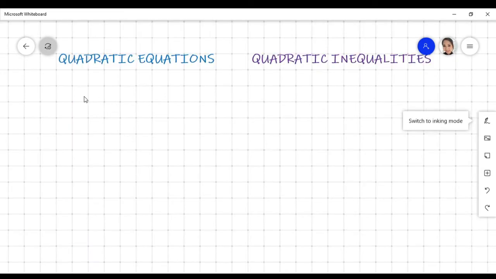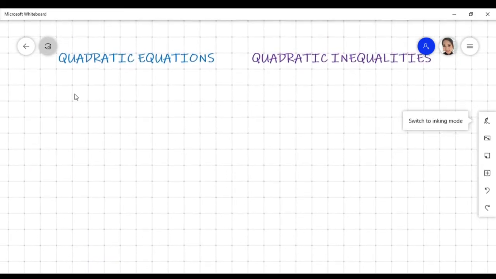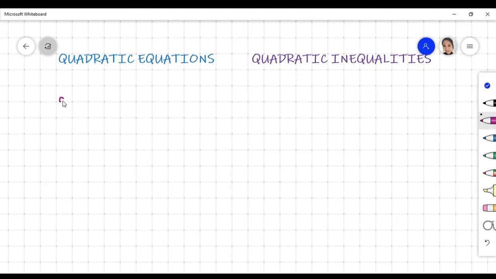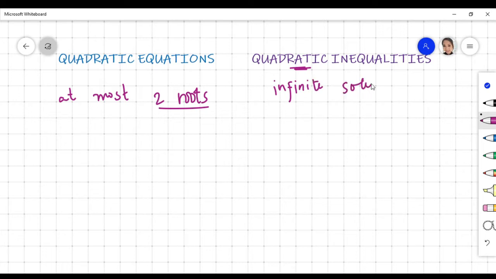So if there's a bar below or there's an equal to, then the numbers are included in the set of solutions. So if a quadratic equation has at most two roots, meaning it could have no real roots, one real root, or two real roots, the quadratic inequality has infinite solutions.